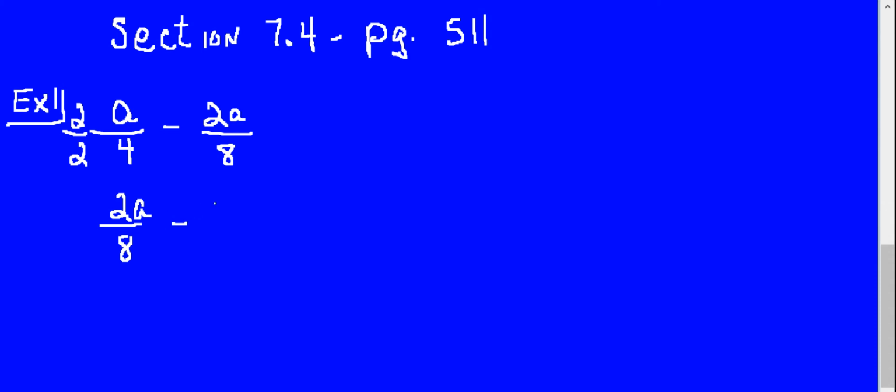Minus 2a over 8. Denominators are the same, so I'm just going to subtract the numerators, and I get 0 over 8, which equals 0. And I'm done with my first example.